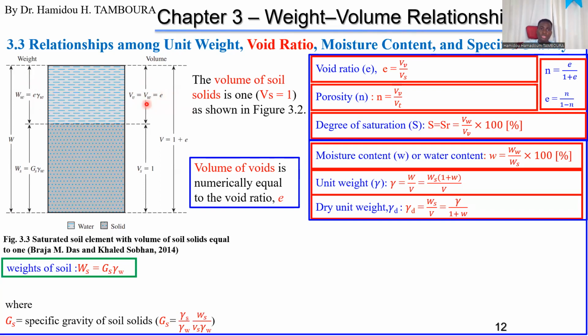By using this opportunity, you can multiply the volume of water by the unit weight of water to get the weight of water. Because we know that unit weight is weight divided by volume, right?